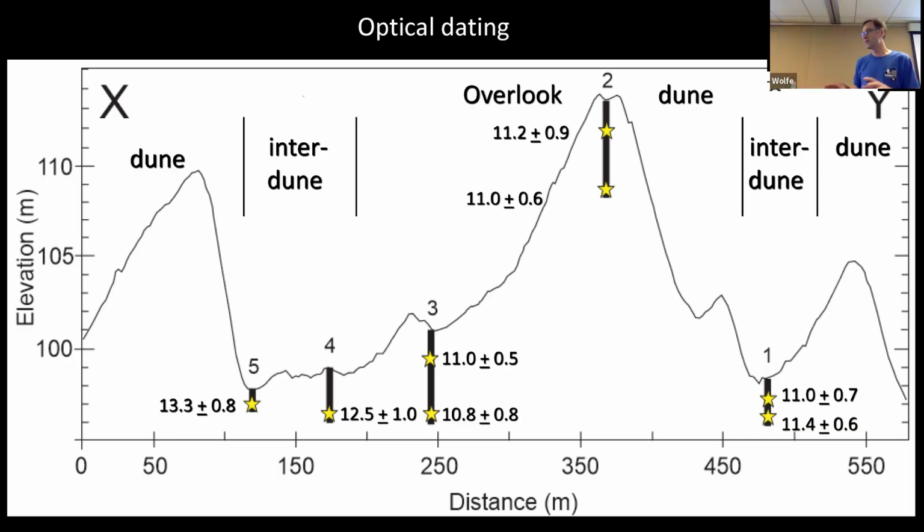For all intents and purposes, I would say these dunes stabilize. This is when they stopped moving, about 11,000 years ago. The older dates, the 13, the 12 that you see, those are dates of sands that did not originate like, they're not dune sands.